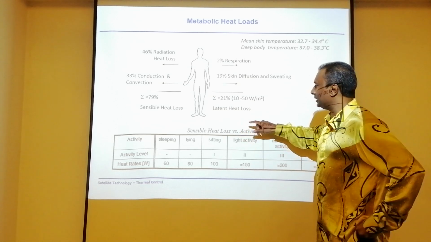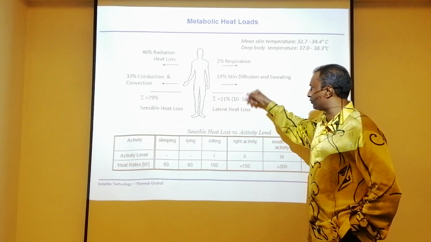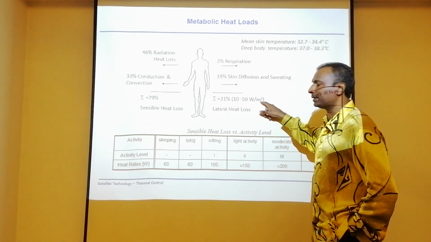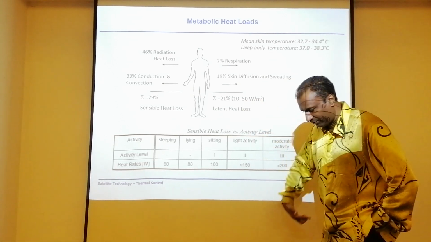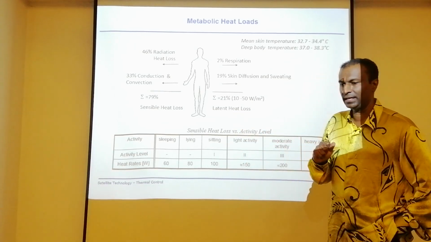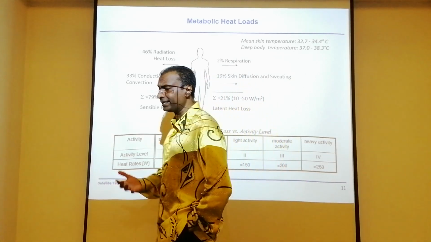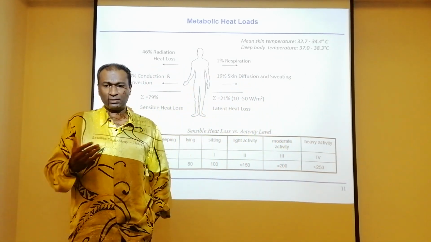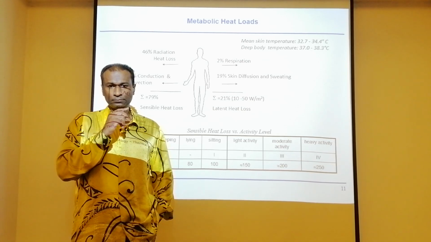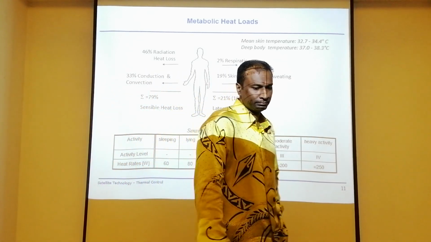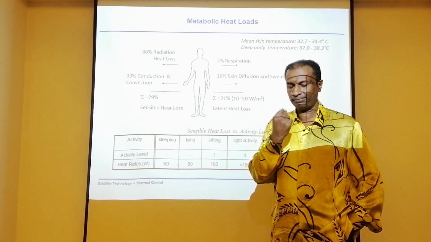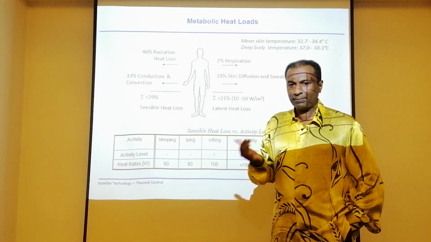So if you look at all this, latent heat accounts for what? 21%. That's about 10 to 50 watt per meter square. So about 21% of the body's heat goes to latent heat loss. What is latent heat loss? It is heat loss where the temperature does not change, but the state might change. For example, boiling. If you boil water, boiling happens at a single temperature. It doesn't change the temperature.